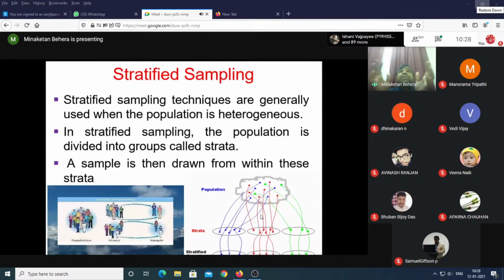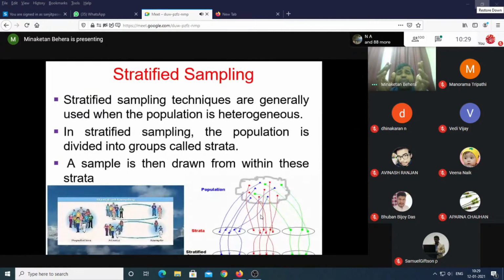The first condition, which is mandatory, is that you apply stratified random sampling when your population is heterogeneous. Only if the population is heterogeneous do you apply stratified random sampling.